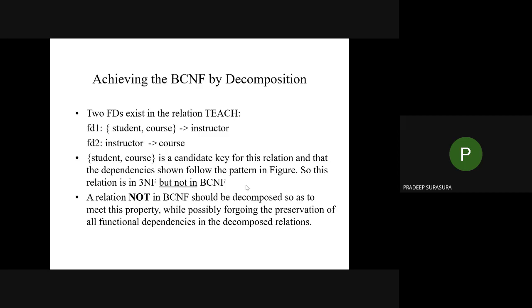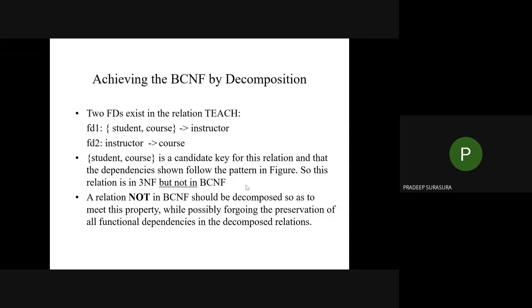But checking FD1 with BCNF, X determines A, student course determine instructor, student course is a key, so that satisfies BCNF. But instructor determines course: instructor is not the primary key, it is not part of a candidate key, it is not a key at all. So this violates BCNF. Understanding?